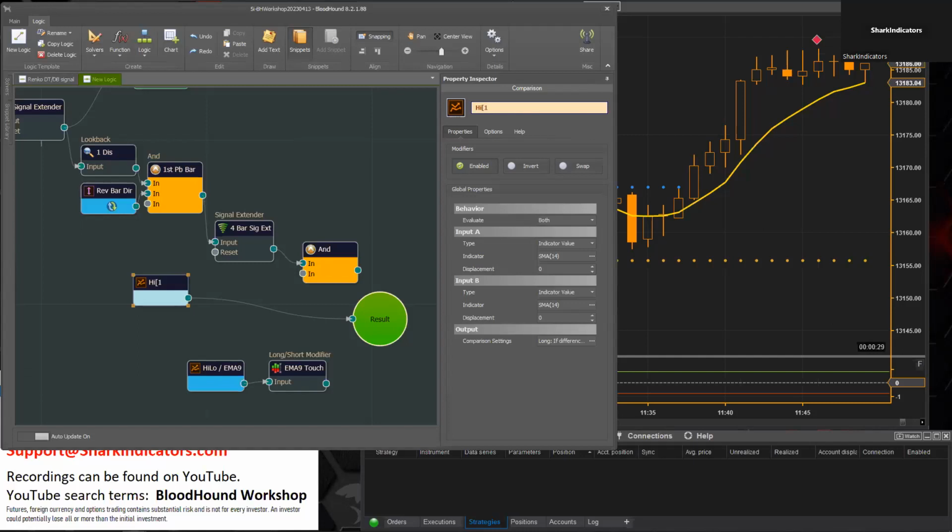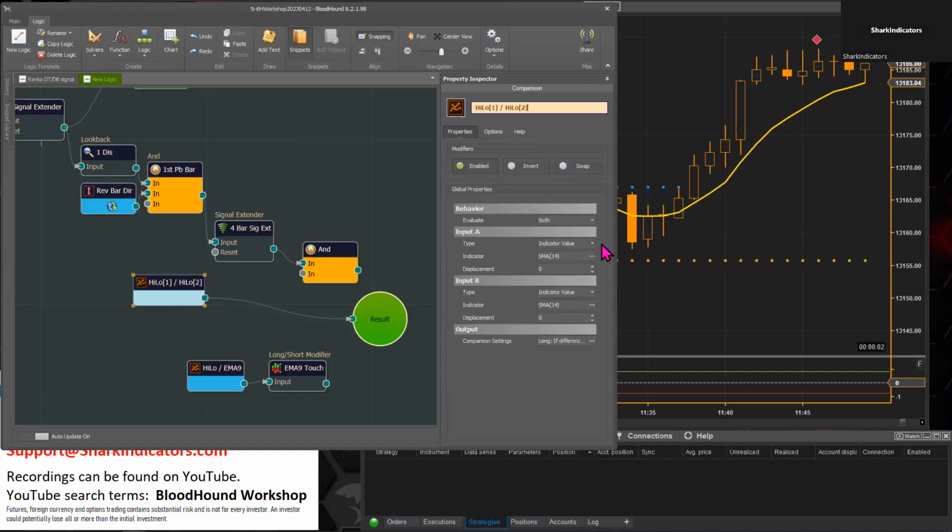All right, we'll look at the high and the low of the current bar, and compare that to the high and low of one bar back to make sure that the highs are stepping lower and the lows are stepping higher.